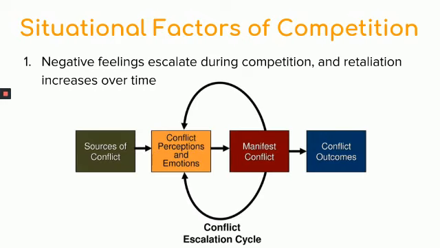And so retaliation. So that's the other thing too, is conflicts can last a long time because of retaliation. Something happens, and then this group feels it has to retaliate, and then this group has to retaliate.